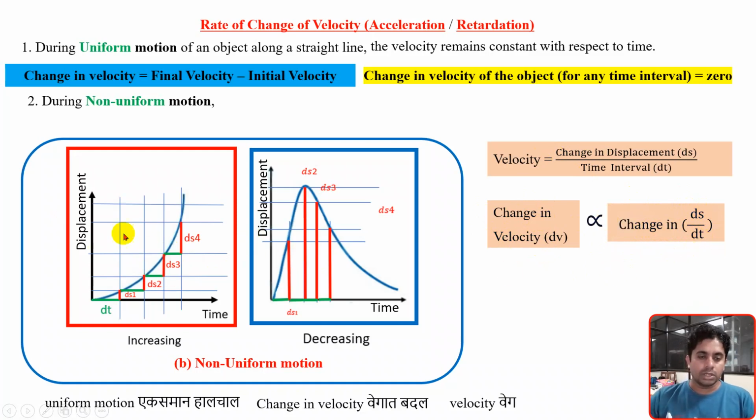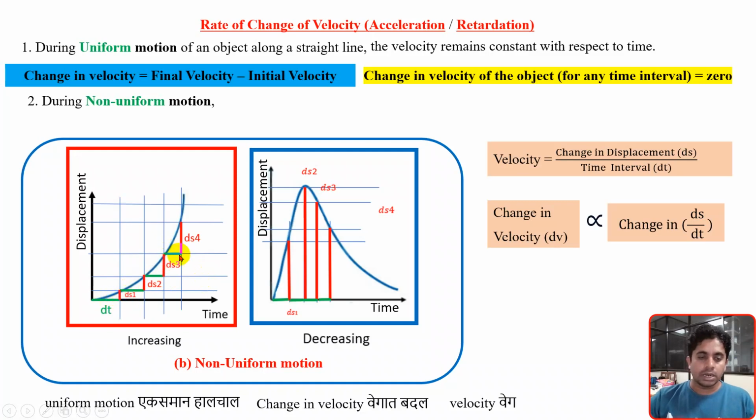Now if I look at these graphs and take the ratio of ds by dt in any one of these graphs, suppose this graph where increasing non-uniform motion is there, for the first time interval I take the ratio ds1 divided by dt, and for the second time interval ds2 divided by dt, both the ratios are not the same. So the ds divided by dt ratio for every time interval is different. Unlike in uniform motion, it is not the same.